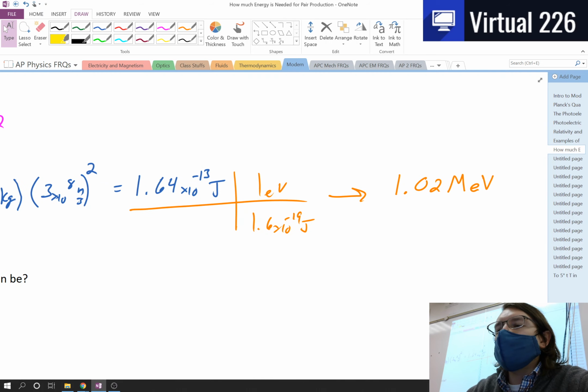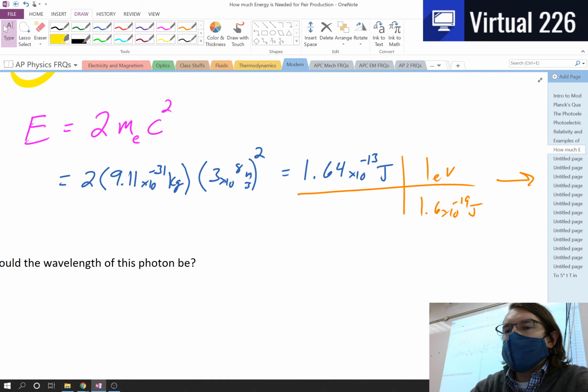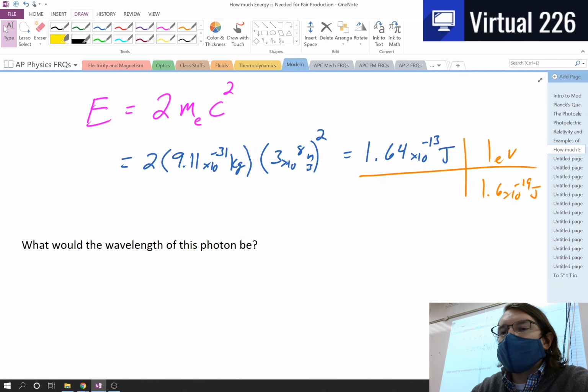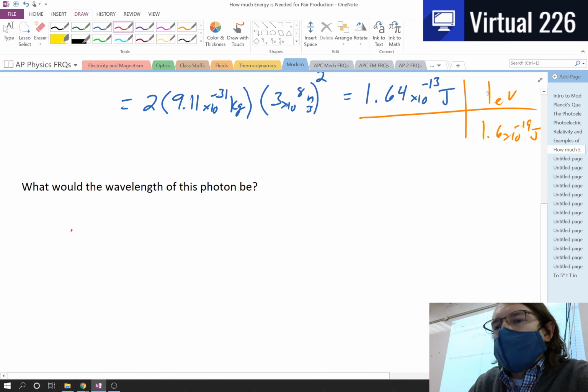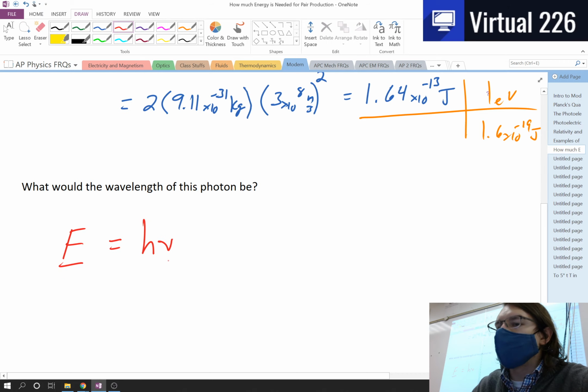Now, if we know that we need at least 1.02 MeV to cause this pair production, then the next question would be, what wavelength of light would that photon be? So what is this wavelength of the photon? Well, we know that for a photon, the energy of it is equal to h nu, or Planck's constant multiplied by the frequency.